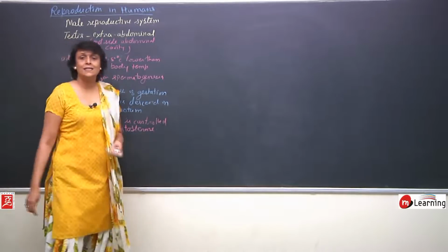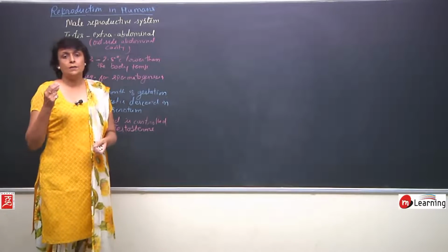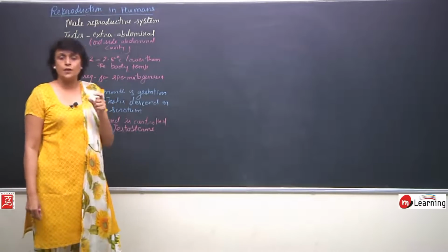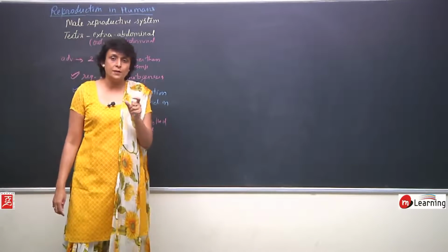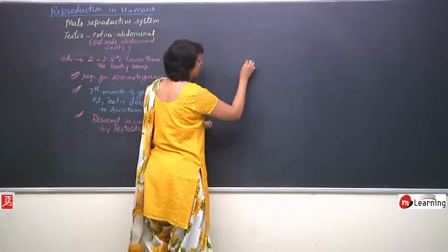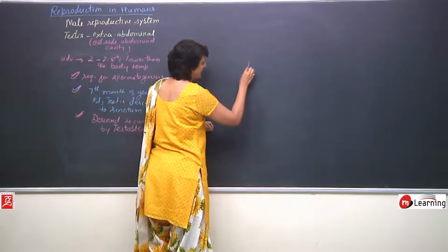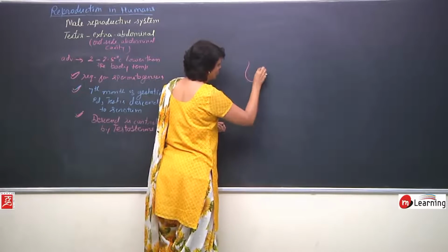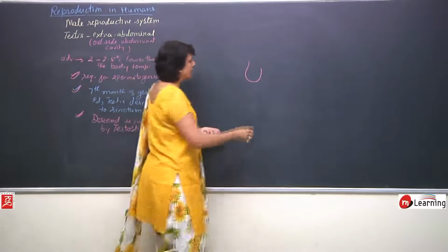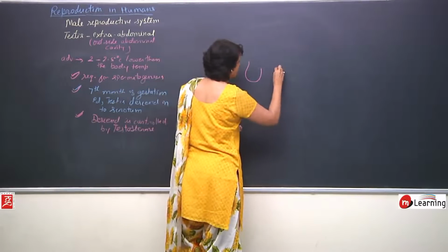Now, these testes are small bean shaped or little oval structures, approximately 4 centimeters by 2.5 centimeters by 2 centimeters, and they are present in the scrotal sac. There are 2 scrotal sacs, one on each side between the legs.